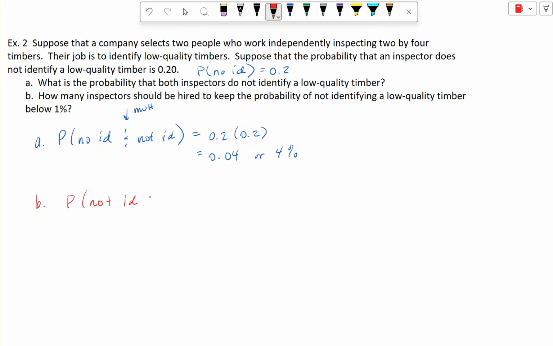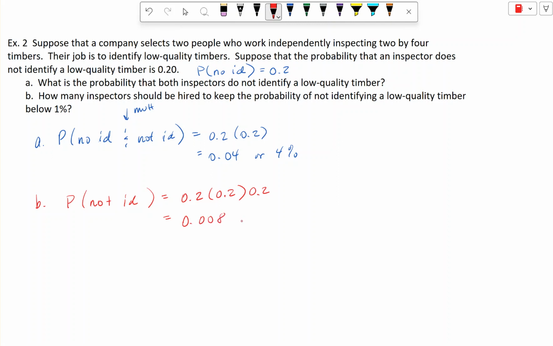And we are currently at 2 inspectors. What happens if we just add another inspector on here? What if we just include the probability of 3 inspectors missing or not identifying the low quality timber? Well, just multiplying one extra person into this problem of 0.2 probability for each one of them missing ends up being 0.008.